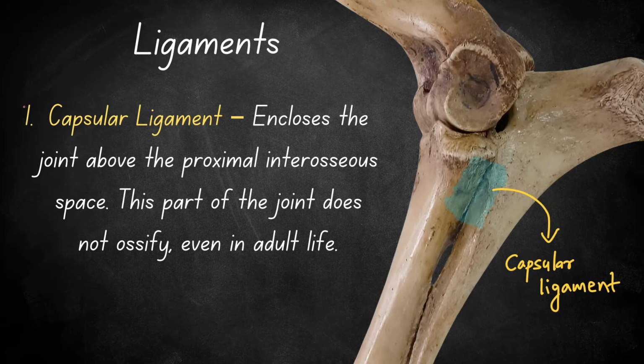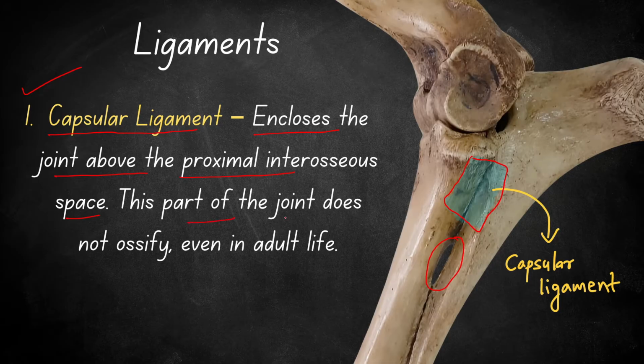Ligaments. Here we will find various types of ligaments. First is the capsular ligament, which encloses the joint above the proximal interosseous space. Okay, you can see that. So this one is the proximal interosseous space. Just above this you will find the capsular ligament.